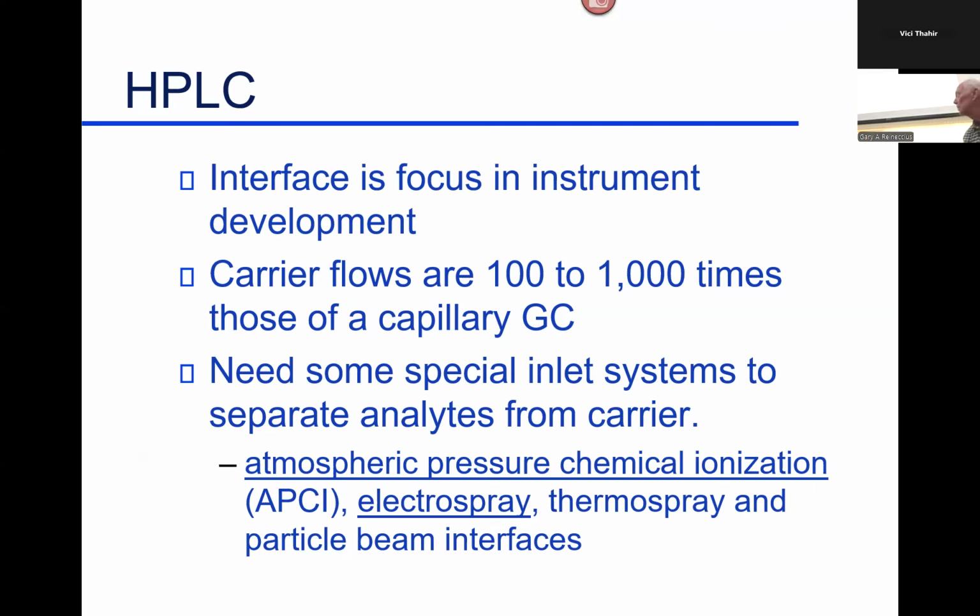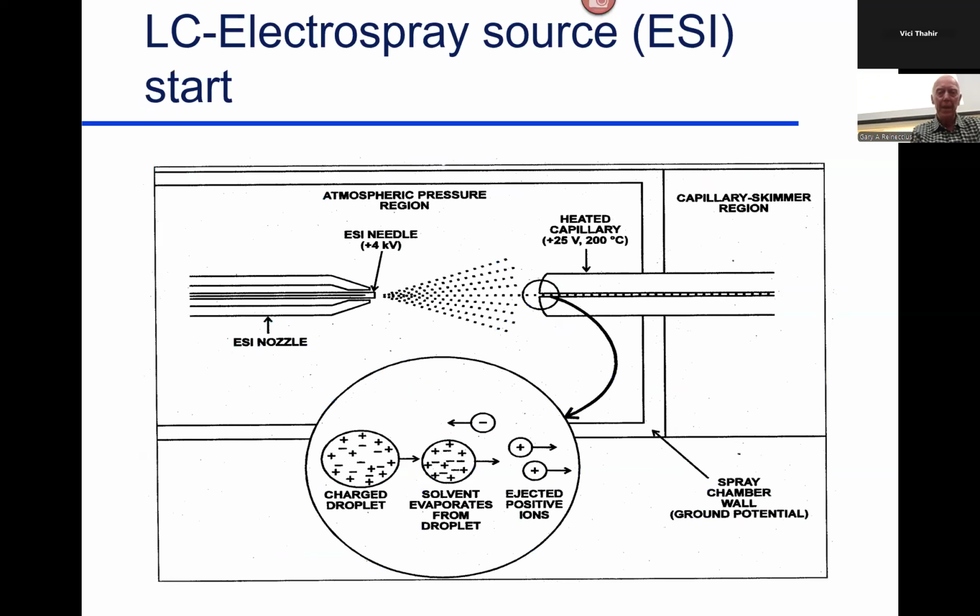These are some of the specialized systems for doing the separation. Electrospray, thermal spray, particle beam. There are different methodologies, and we'll go through some of those. This is LC electrospray. That's probably one of the most common detectors that we use in the system. Here we've got our PSI nozzle. Your column would come down there and empty into there.